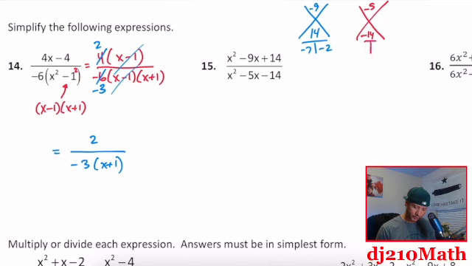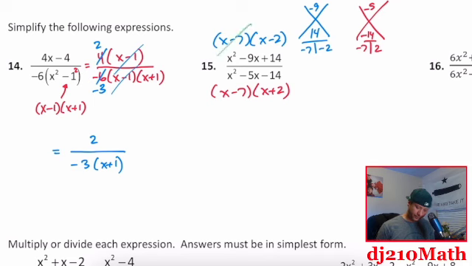Again, some variation of 7 and 2. So this is negative 7, positive 2. All right, so top, we have x minus 7, x minus 2. Bottom, x minus 7, x plus 2. All right, we see that cancel, cancel. So final answer, x minus 2 over x plus 2.